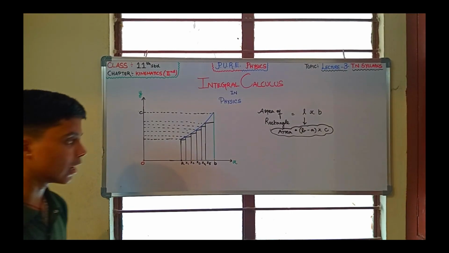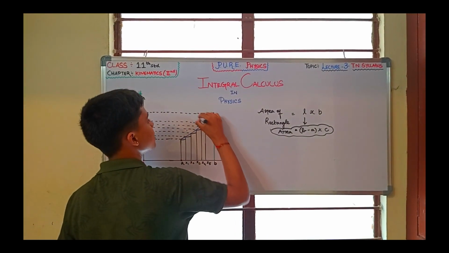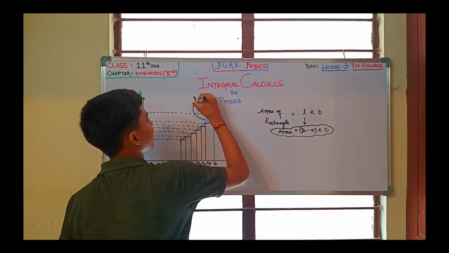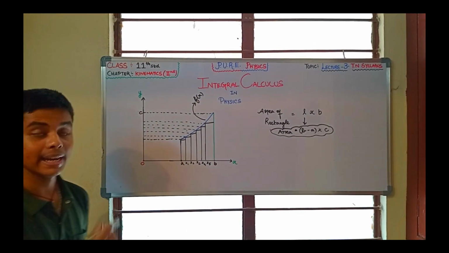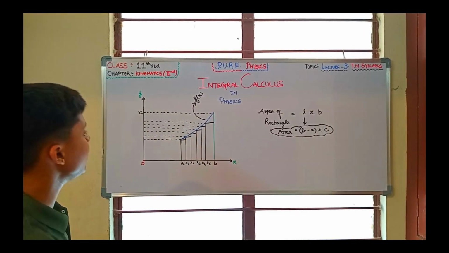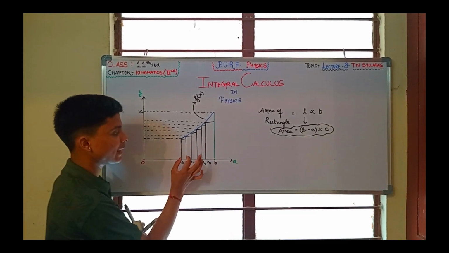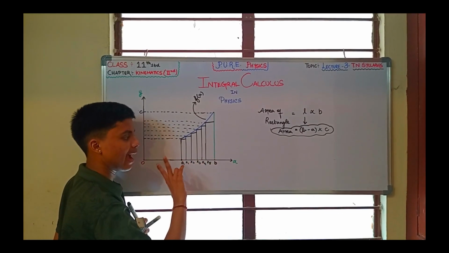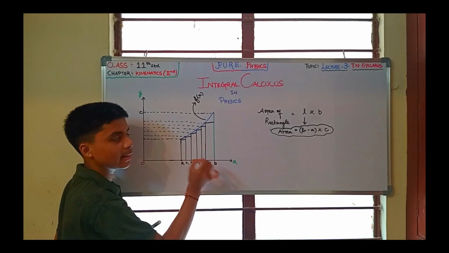Now I need to find the whole area under this curve. This curve is marked as f of x. F of x is my function of this curve, or the name of the curve. Now I need to find the area of each strip. If I find the area of each strip and add all the areas, then I'll get the approximate area under the curve.